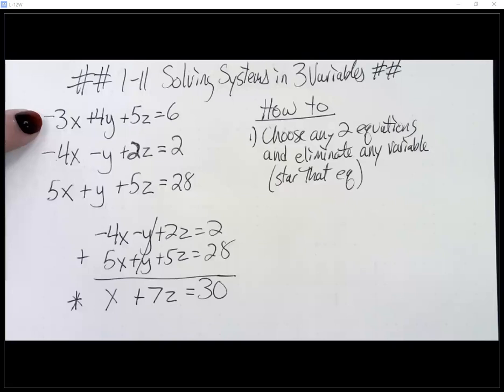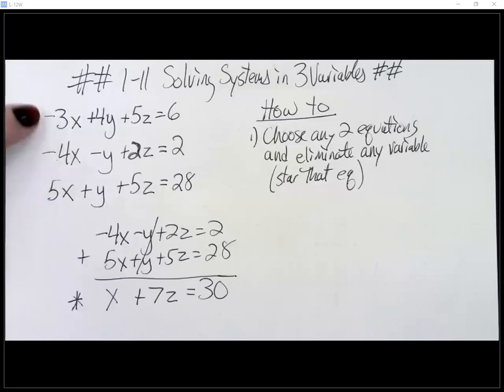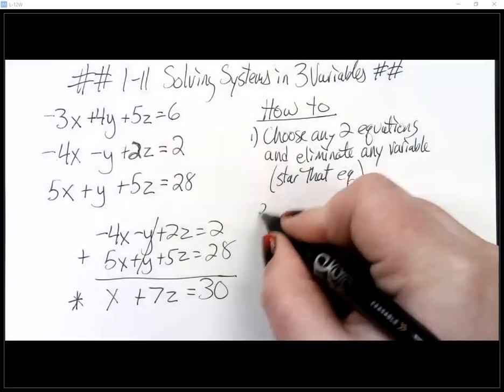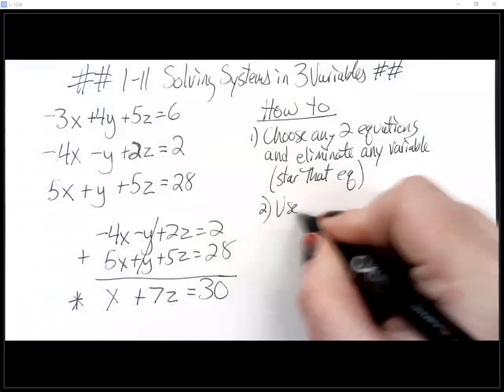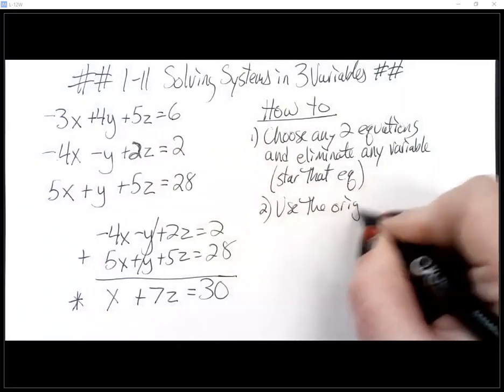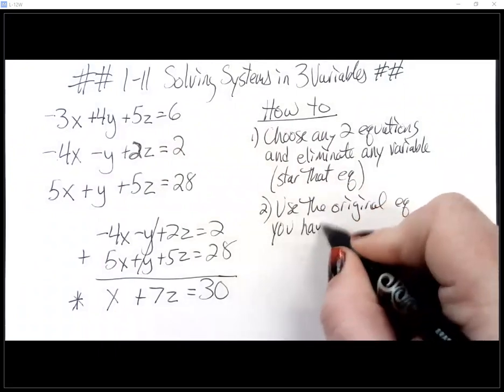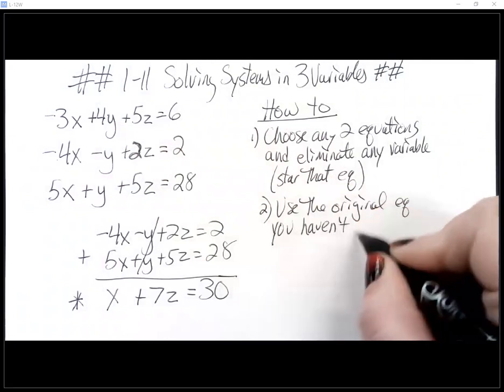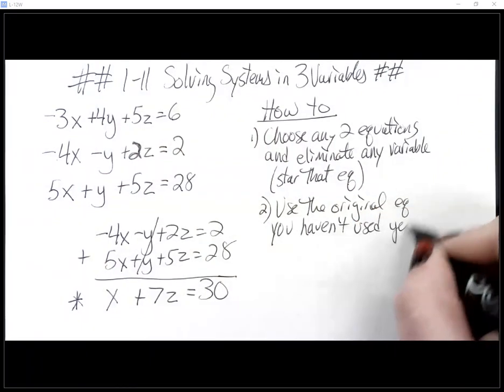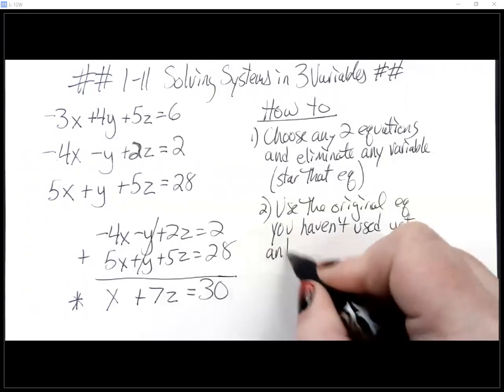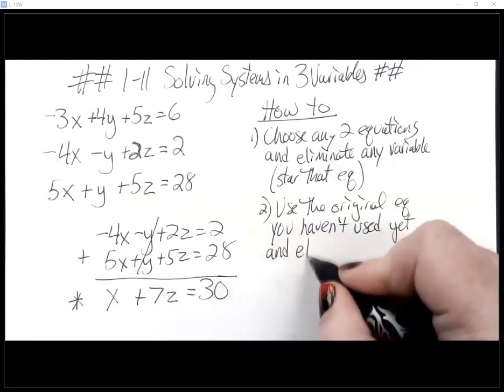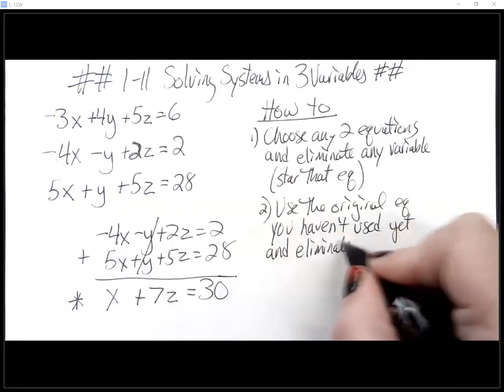So I personally would do the middle one, right? Because I could take the middle one and just multiply it all by 4. And then I would get that pair of opposites in the y's. Do you see that? So in step 2, I need to use the original equation you haven't used yet, and eliminate, and this is key, the same variable.